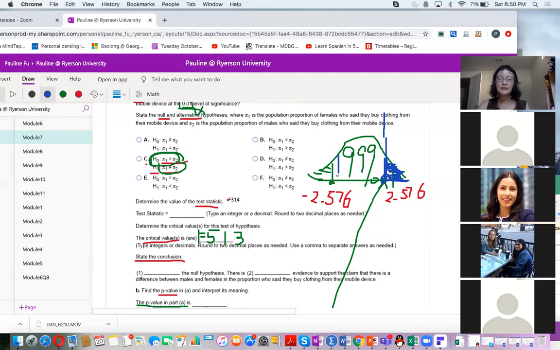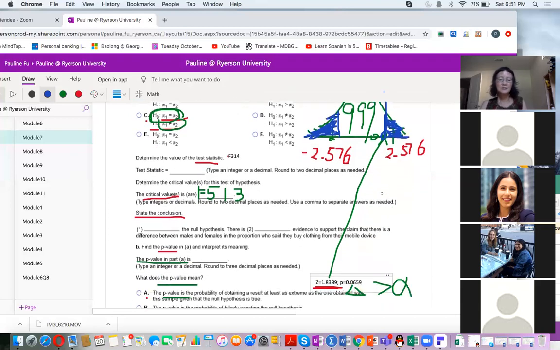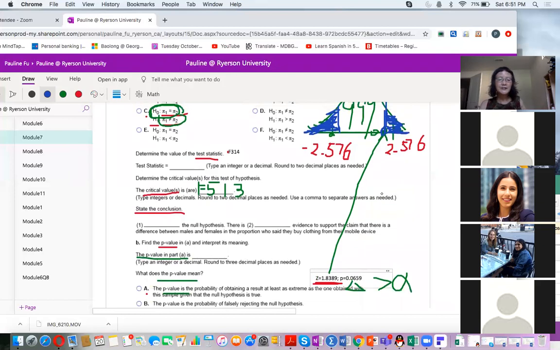So the total area in blue color represents the p-value. The blue area is the p-value. Okay, that is the interpretation. P-value is the area corresponding to test statistics. All right, any questions?